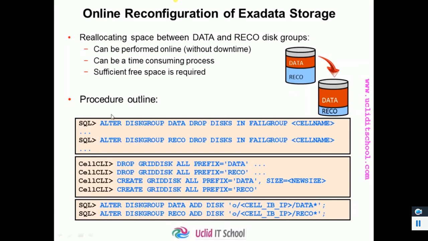So in this slide, the first part and last part are done on the ASM instance. The middle part, where you see the command prompt is cellcli, these steps are done on the storage server.